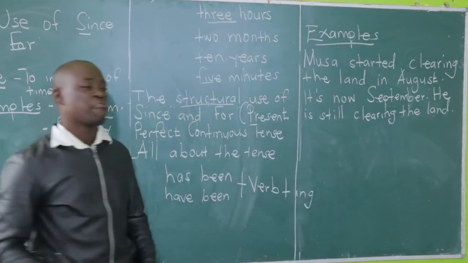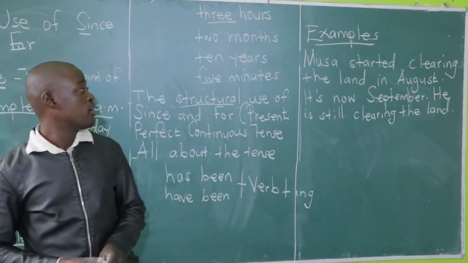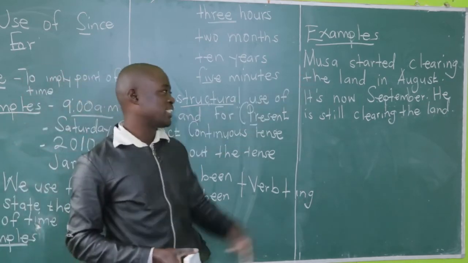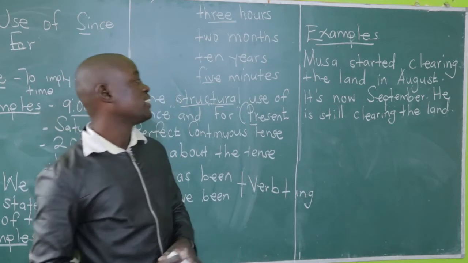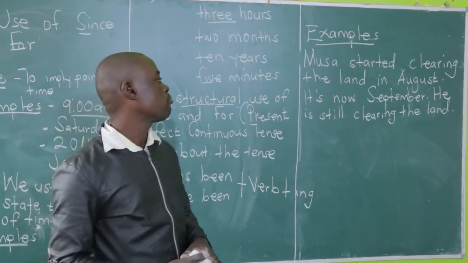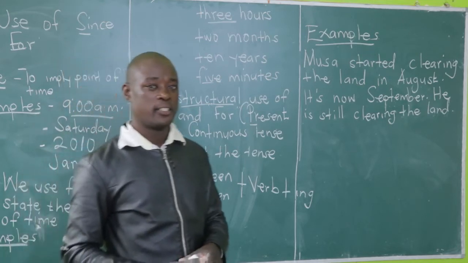Yeah, there are times in subsection A2 of the English paper when they gave us a couple of sentences of that kind. Musa started clearing the land in August. It's now September. He is still clearing the land.